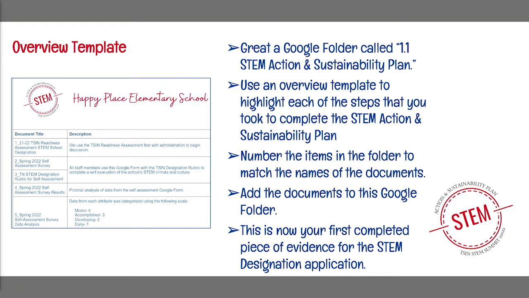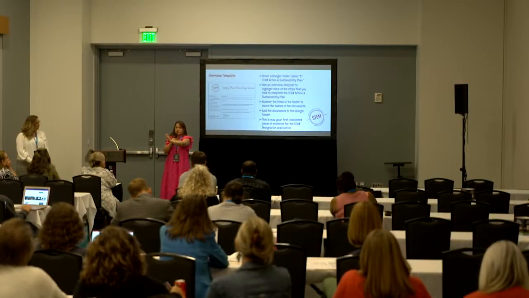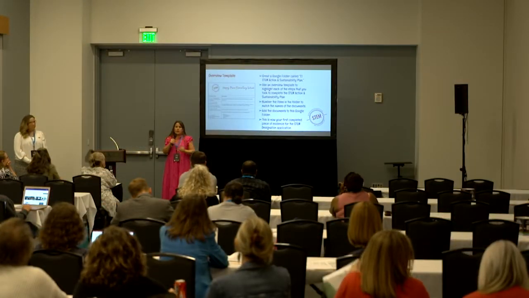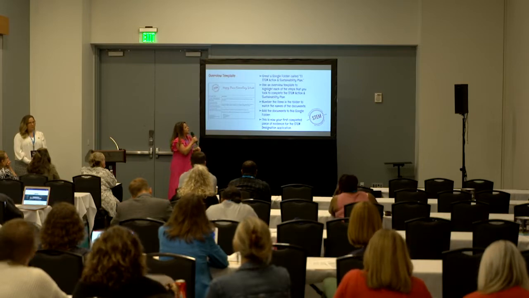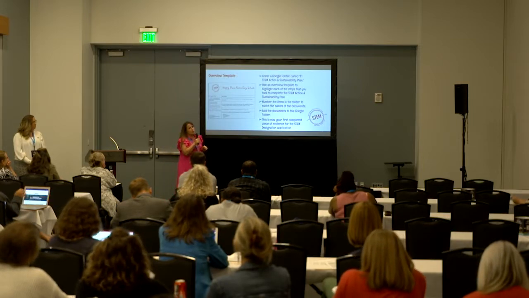If this is the first document in your folder, and then you have the survey, the self-assessment survey, how you analyze the data, you have the action steps, you have now built your evidence for 1.1 for the STEM designation application. So once you go to STEM designation, you take this overview and all your documents that you've accounted for in the process, and you move it over to your evidence that you're submitting for 1.1 in the STEM application. It's done. So it's built and ready and it's there for you.